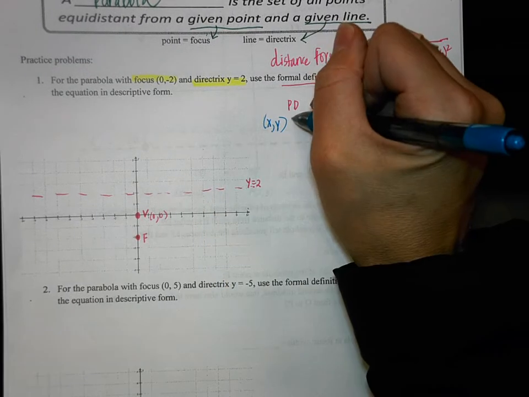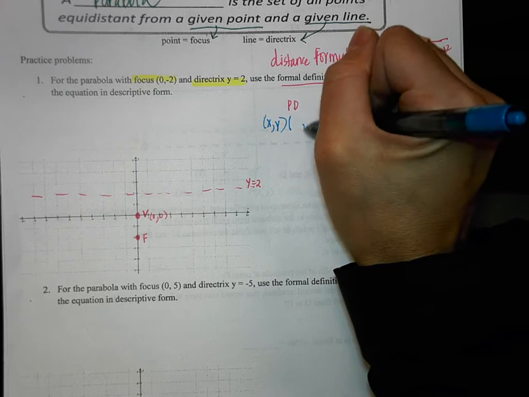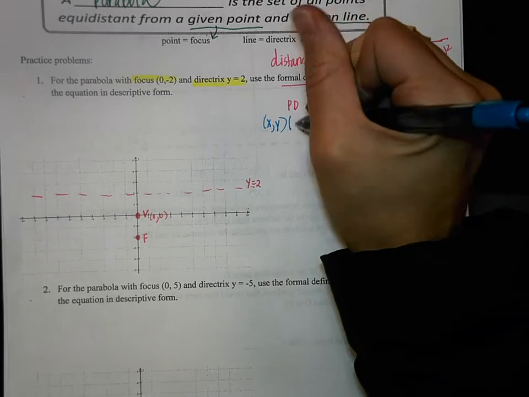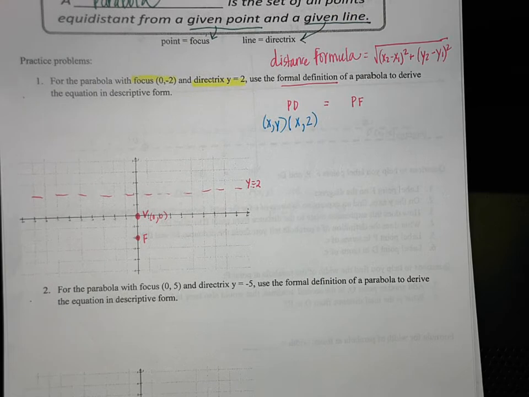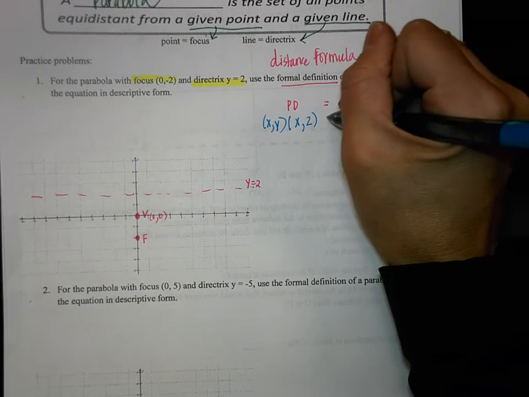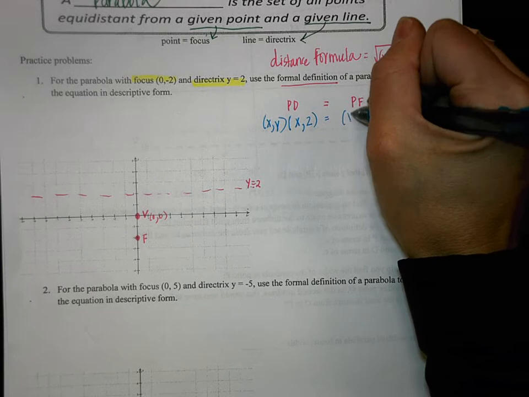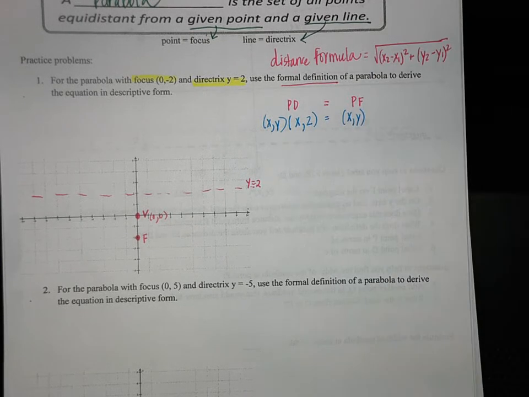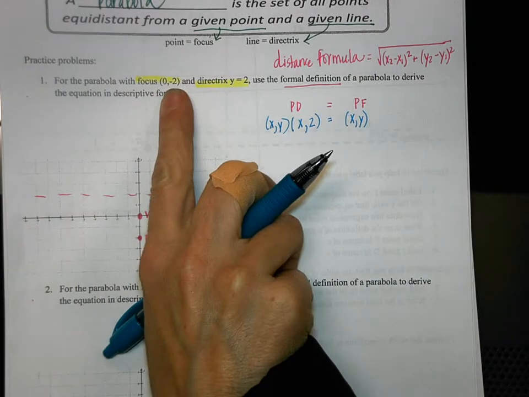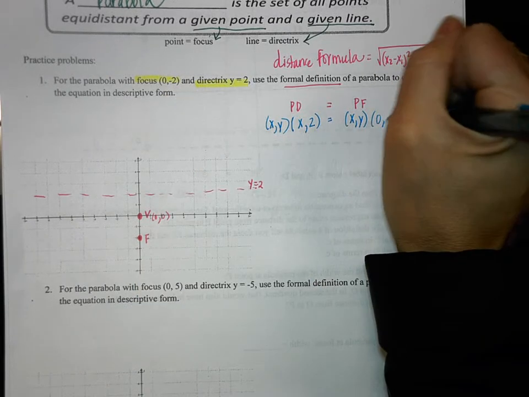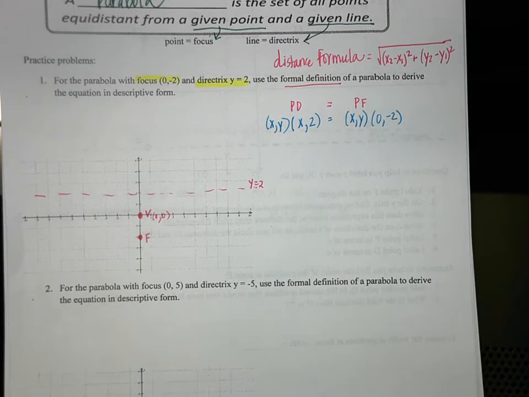So for the point for the directrix, we're going to use 2 in the y spot, and since there's nothing in the x spot, we're just going to give that an x. On the other side where we need the 2 points, again, the point is going to be xy. And then the focus, do you see how the focus is a point? We're just going to keep that as 0, negative 2.